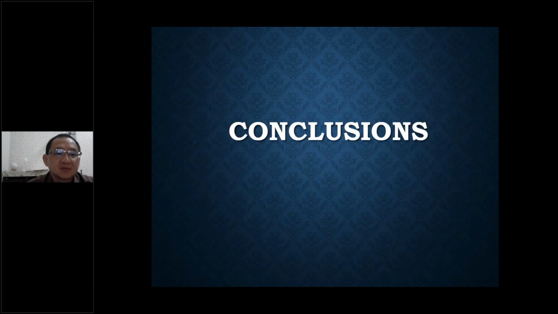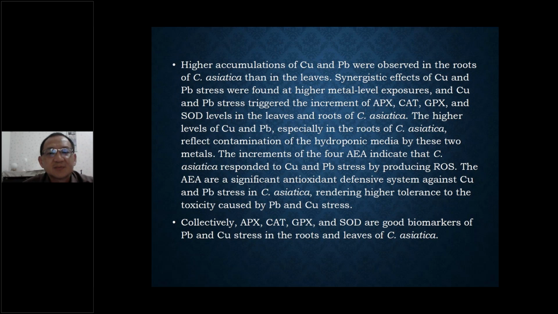So what I can conclude is higher accumulation of copper and lead, especially observed in the roots of Centella asiatica than the leaves. The roots are the first organ to accumulate the metals, compared to the stems and the leaves, because they are in close contact with the soil as well as the environmental media.